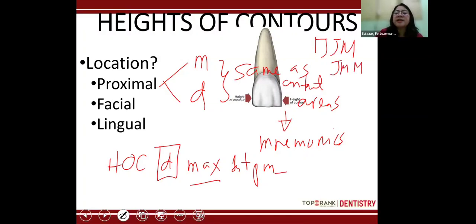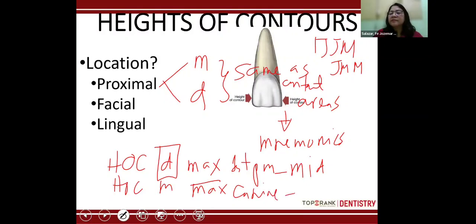Yes, very good. Middle third. Okay, diba? Where is the height of contour on the mesial of a maxillary canine? Maxillary canine. Yes, it's at the junction. So same lang. Ang height of contour, mesial at distal at contact areas.